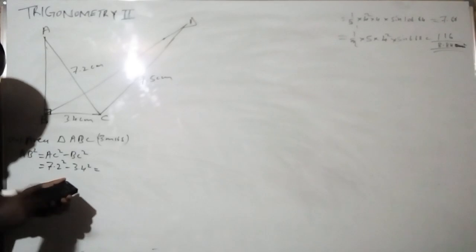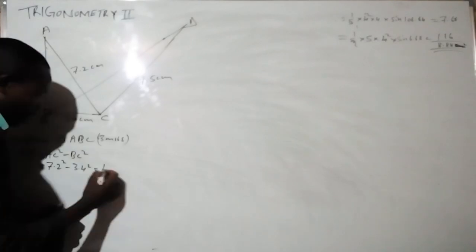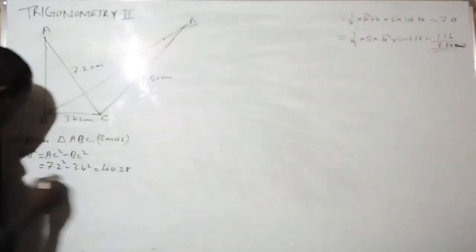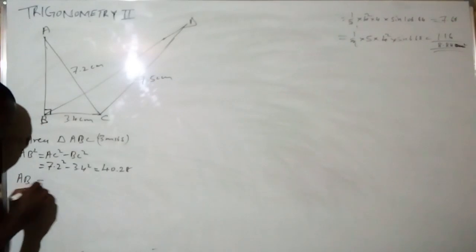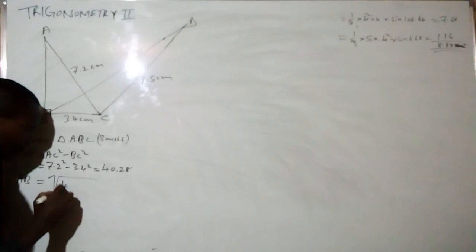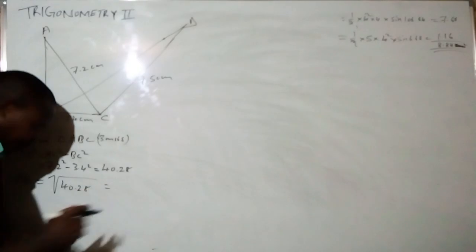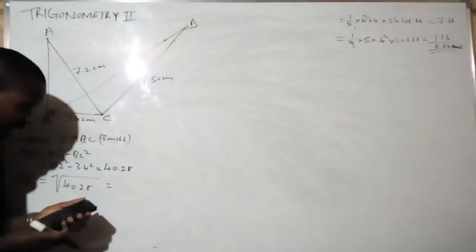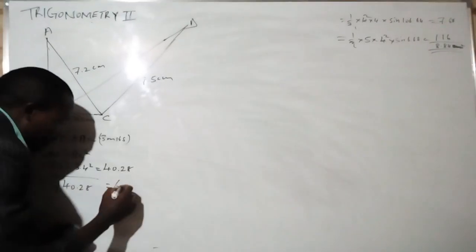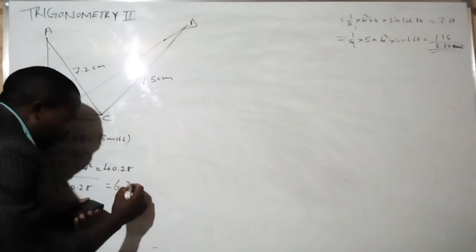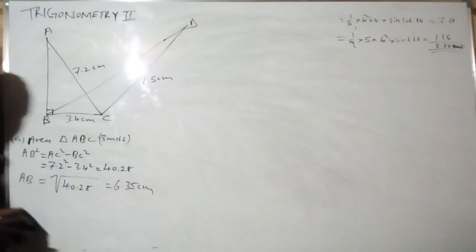We get 40.28, so that AB is equal to the square root of 40.28, which is 6.35 centimeters.